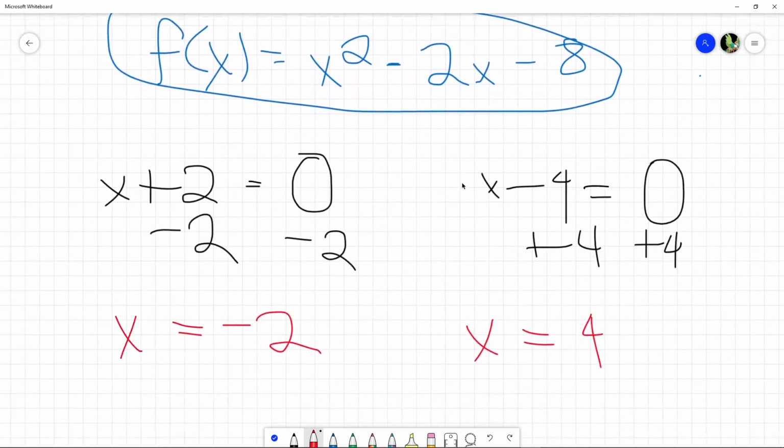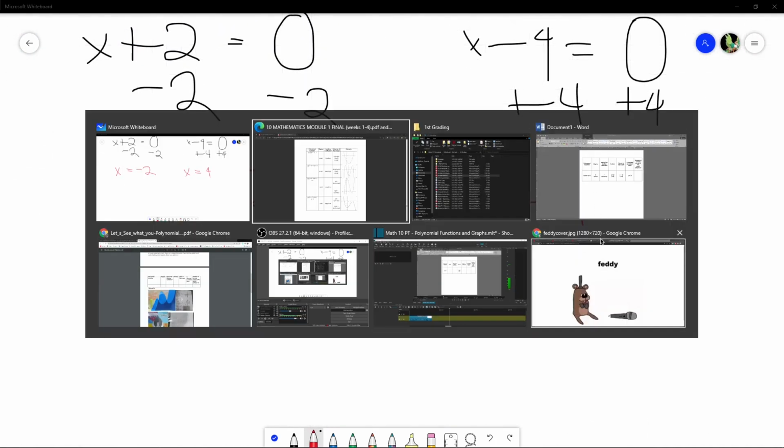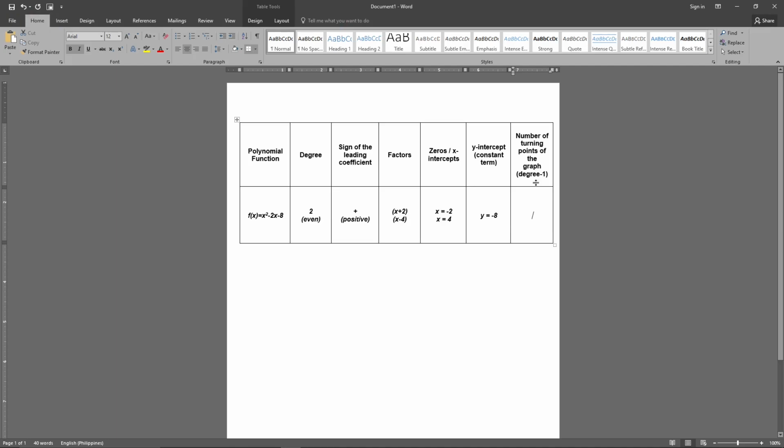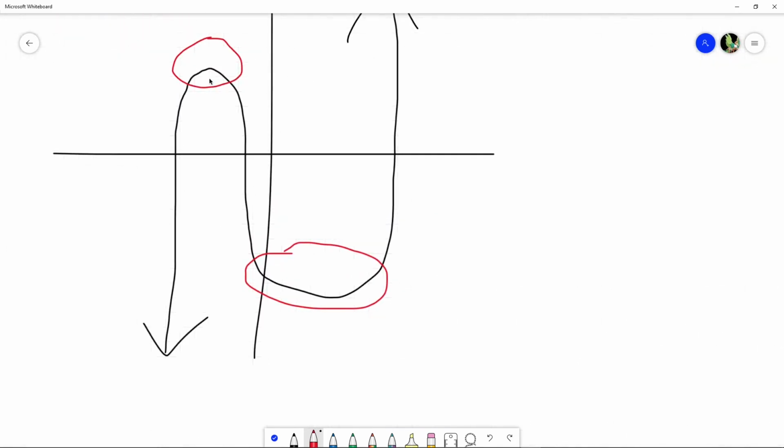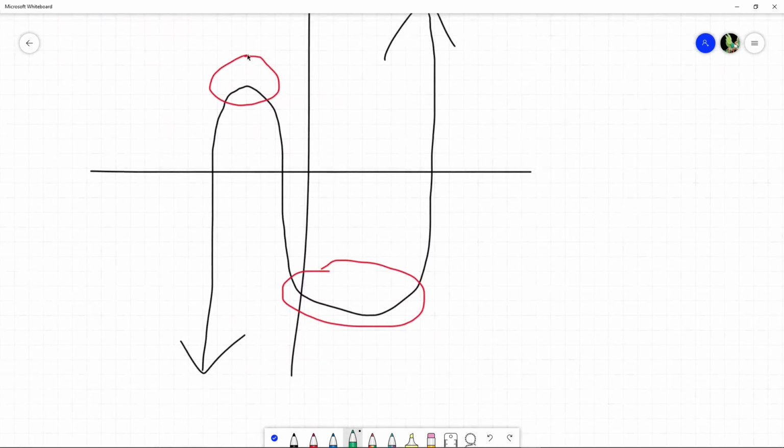The number of turning points can be found by using your degree, which in our case is 2, minus 1. It's always minus 1. So our number of turning points is going to be 1. We're going to be turning only one time.